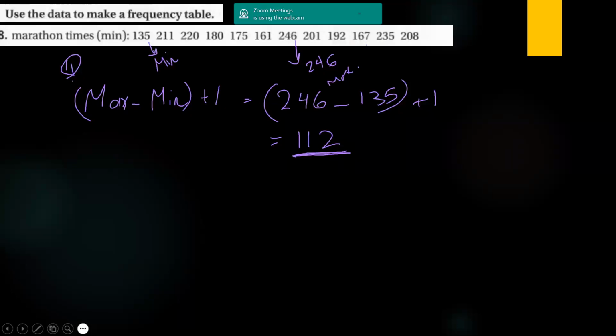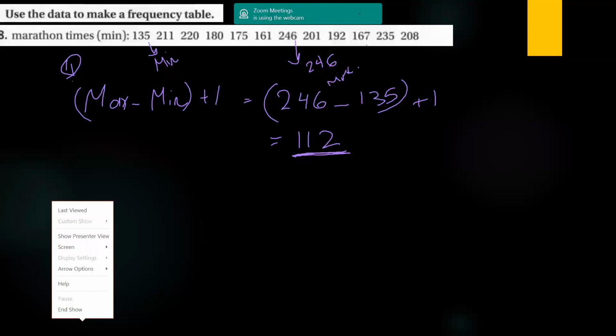So try to find any number that is easier to divide by, or easier for you to find a number that divides it. Let's round it to 120.